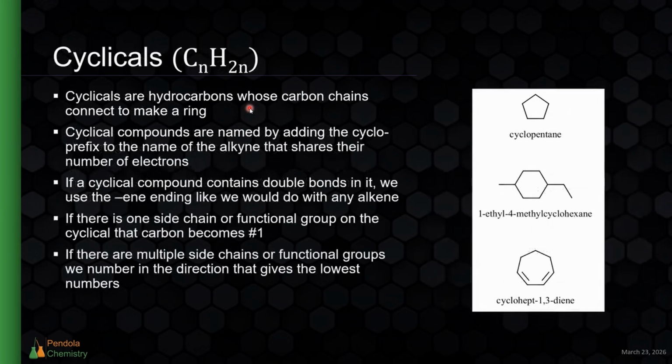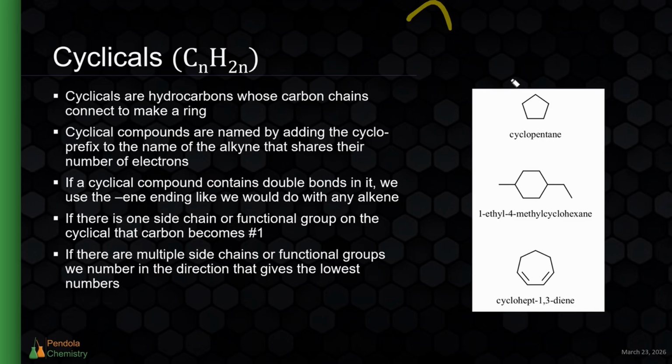And then there are cyclicals before we start looking at a few other more crazy things like our aromatics and functional groups. Cyclicals are, like I said earlier, going to be hydrocarbons whose carbon chains make a ring and connect. Cyclicals can be a little more difficult because they have attachments all throughout the ring. So cyclical compounds are essentially going to be fairly easy to name if they're simple, because all we need to do is add the cyclo prefix to their name.